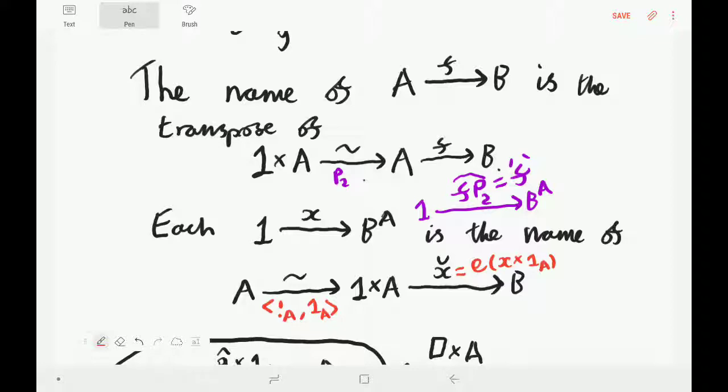Now, that's kind of interesting in itself, but more interesting is we can actually compose arrows. We can compose them internally, inside the exponential objects. We can really think of this arrow x from 1 to B to the power of A as something inside the exponential object, and we can think about arrow composition as happening inside as well.